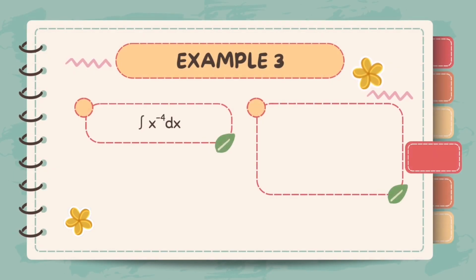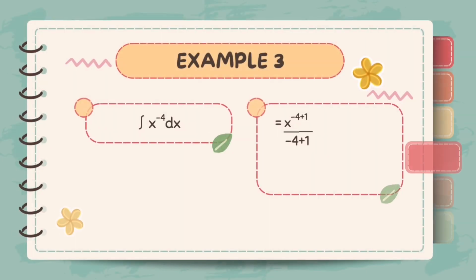For our third example, we have the integral of x raised to negative 4 dx. Just like what was said a while ago before discussing different examples, we can have any number as our exponent even if it is negative, except negative 1. So we can use the power rule to integrate this given integral, x raised to negative 4 dx.